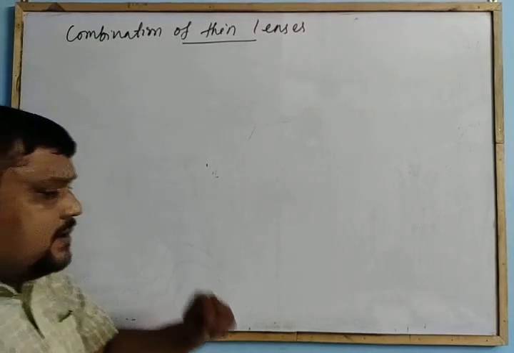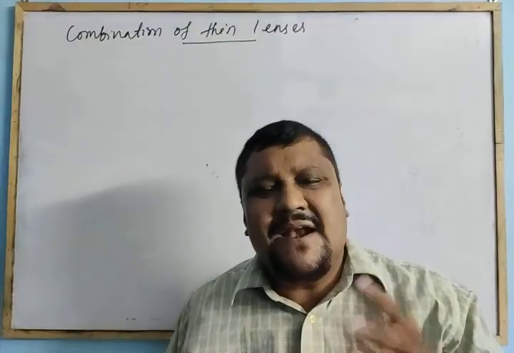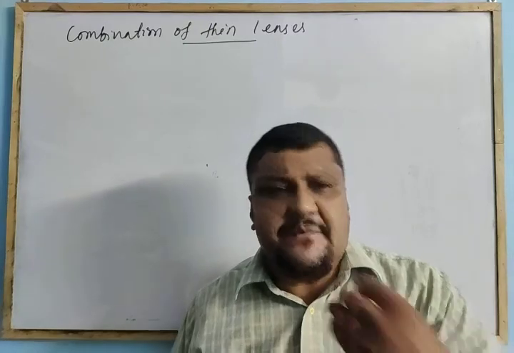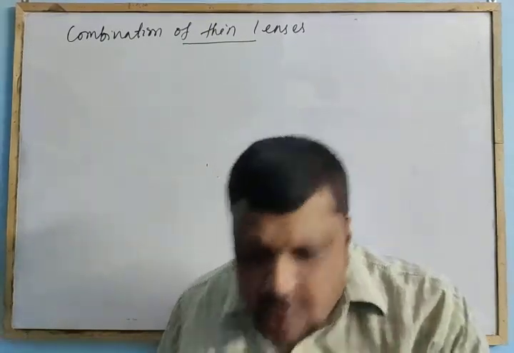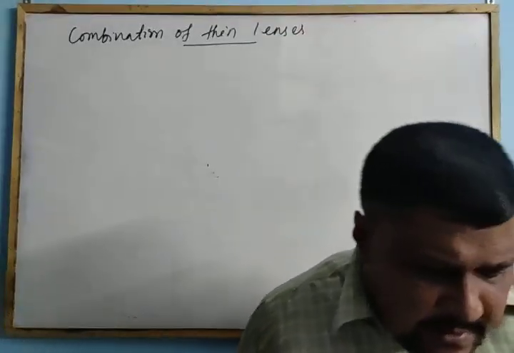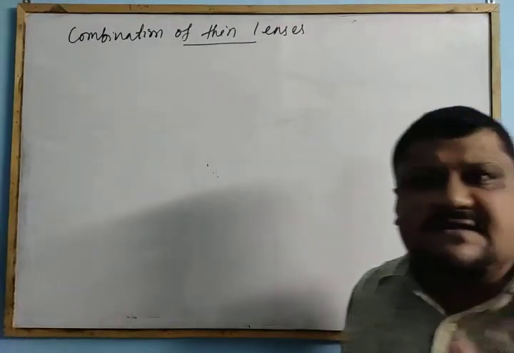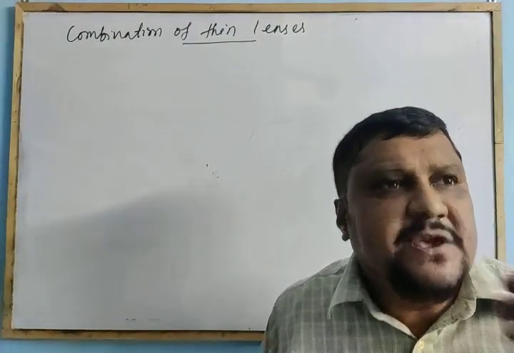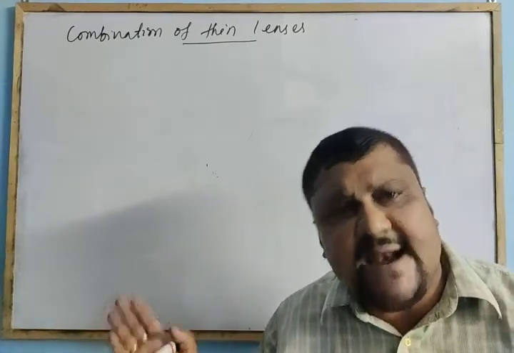Another topic is combination of thin lenses. Generally in different optical instruments, for different purposes, to get more magnification, or to get an erect image of an object, or to get a sharp image, we use more number of lenses and combine them together.